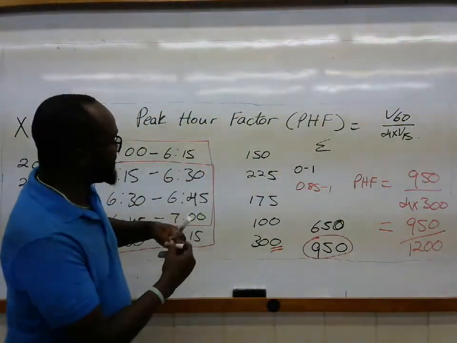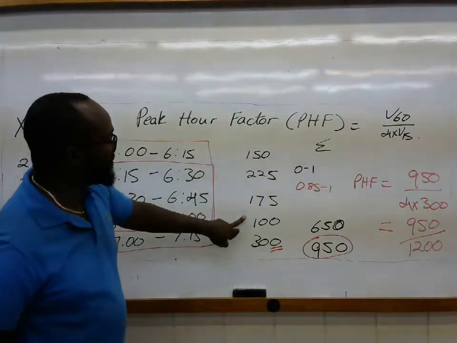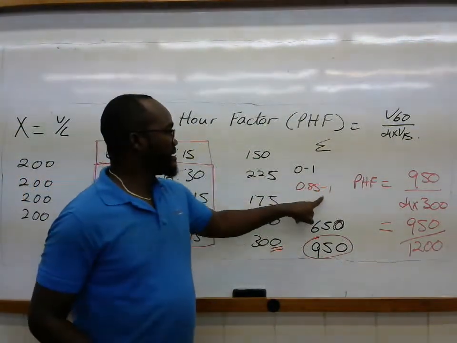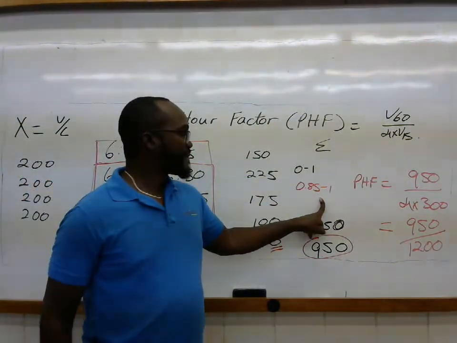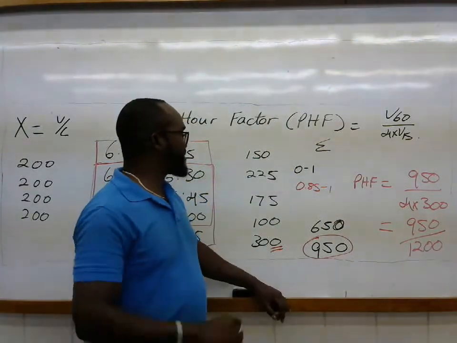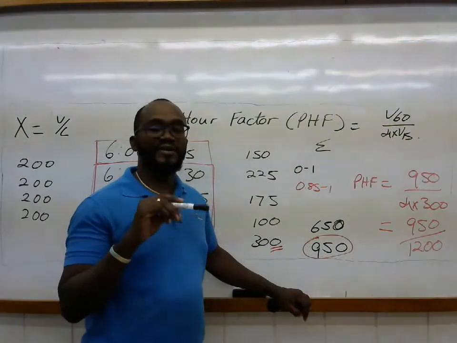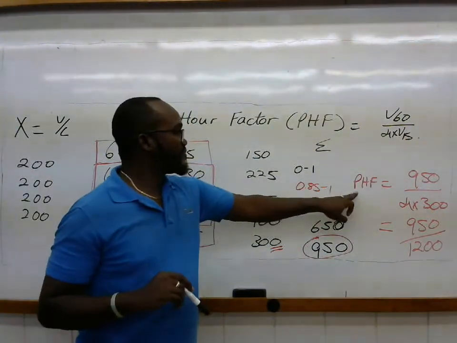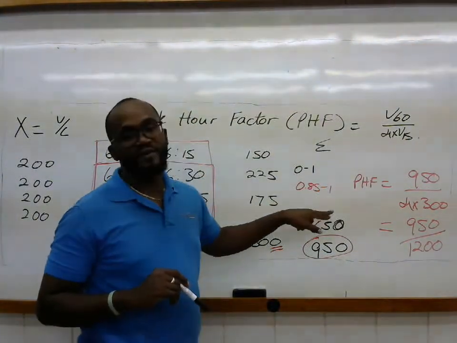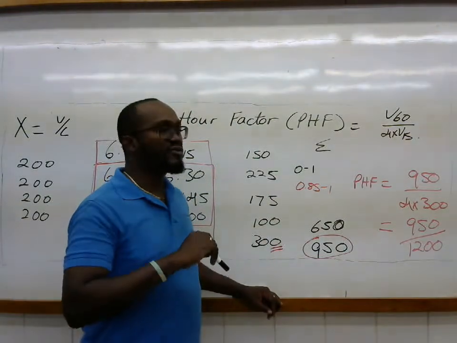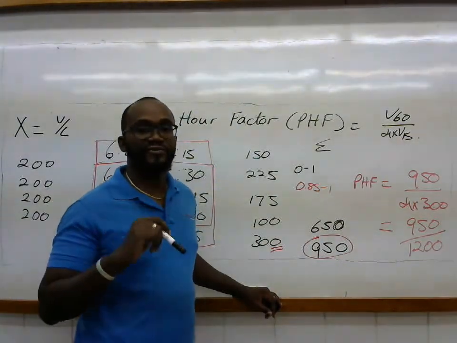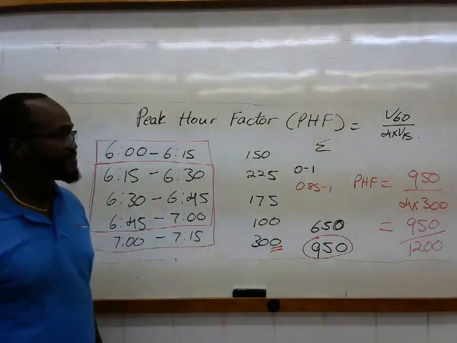As these values tend to be a bit more variable, we'll be closer to the lower end of the scale. Okay? So then that means there's a fair amount of variation within the traffic stream during the peak hour. And so right away from this, looking at the peak hour factor, it can tell us how the traffic flow was proceeding through that particular peak hour.